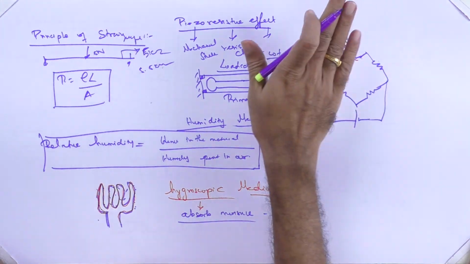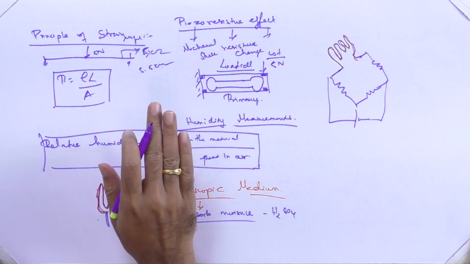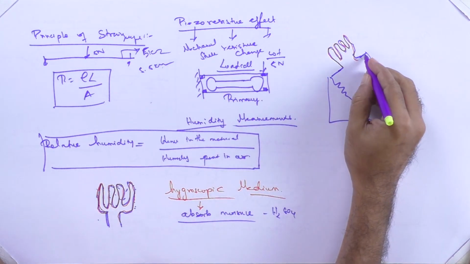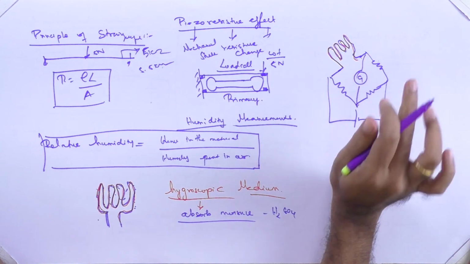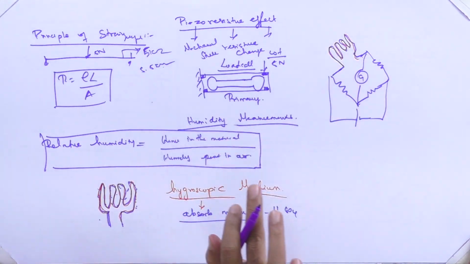Initially, without exposure to our room moisture, it had a deflection over here, which will be equivalent to 0, and then after exposure to the room moisture, it becomes a change of resistance. Then you will be able to get the moisture, which can be calibrated to the voltage over here. So this is the basic principle behind the humidity measurement in the medium.